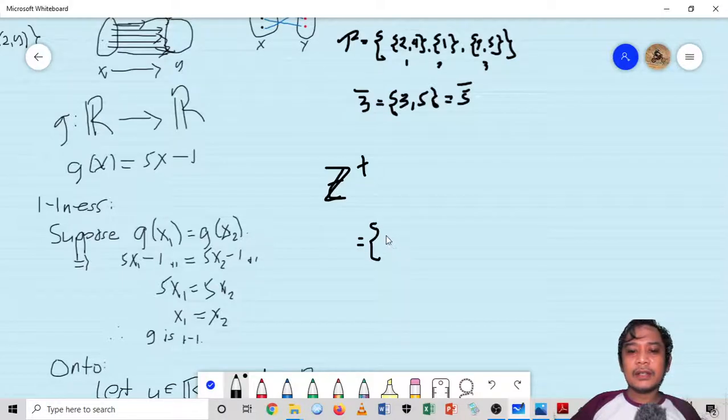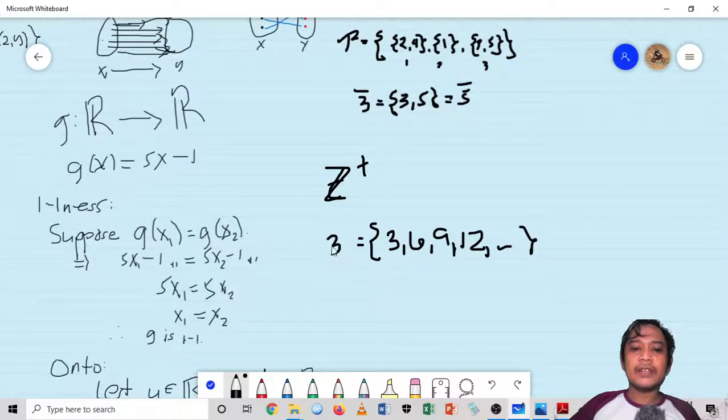So, first, those that will give a remainder 0. Those would be 3, 6, 9, 12, and so on. So this would be the cell containing 3. Another cell would be the cell containing 2, which would give a remainder of 2 when divided by 3.